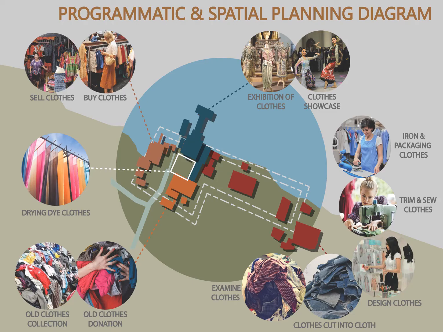As you can see, the red part, which was originally the hotel resort area, I'm planning to be the process of making textiles, which can be the whole floor for examining clothes, cutting the clothes, then designing, making, and finishing up the clothes.